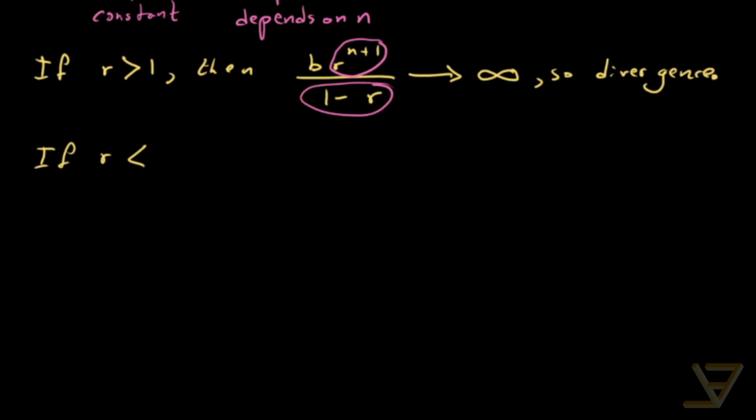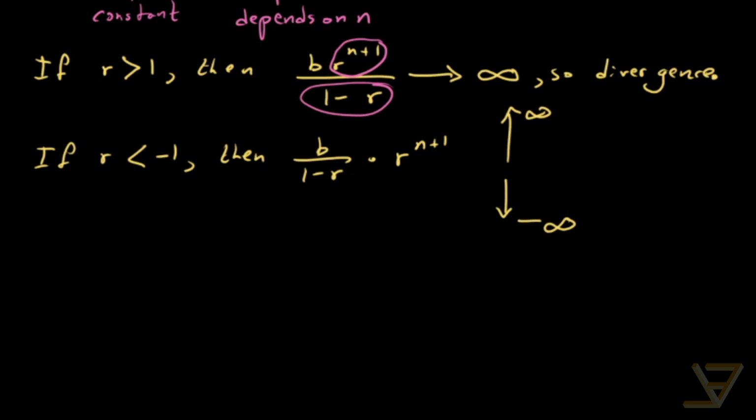If r is less than -1, then b over 1 minus r is a constant, so we don't have to worry about it. But we have a factor of r to the n plus 1, and this fluctuates between going to infinity and going to negative infinity depending on the parity of n, so whether it's even or odd.